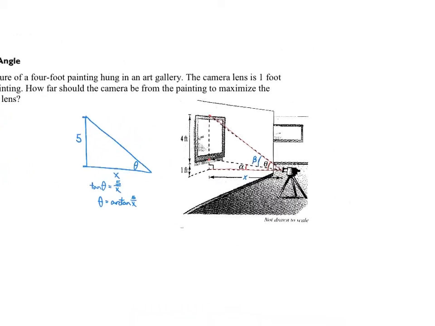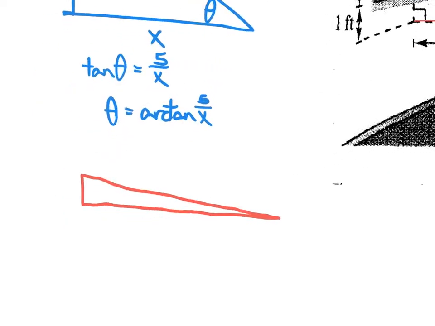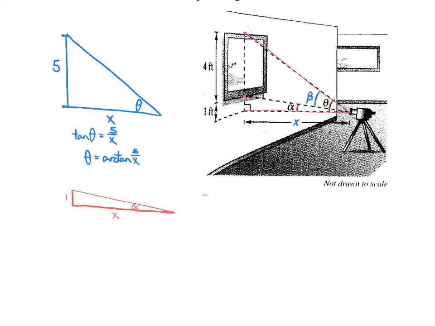Okay? So let's draw ourselves another little triangle with alpha. Okay? That's terrible. Let me try this part again. That's a little better. Okay, so here's our alpha. This again is x, but now this side is only 1 foot because we're just going to the bottom of that picture frame.